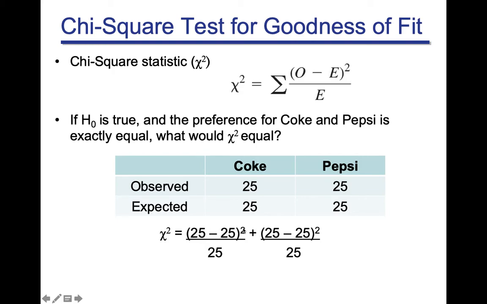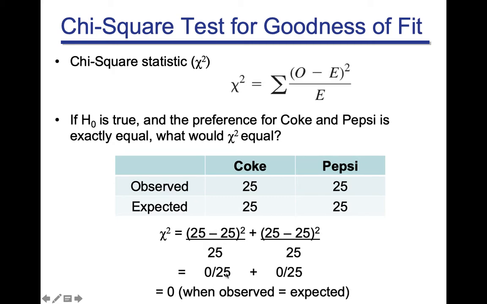We square that and then divide by what we expect. We do the same thing with Pepsi. So we end up with 0 over 25 plus 0 over 25, which is 0. We will always get a chi-square statistic of 0 when our observed frequencies are exactly equal to what we expect. So when the null hypothesis is exactly true, we will get a chi-square of 0.